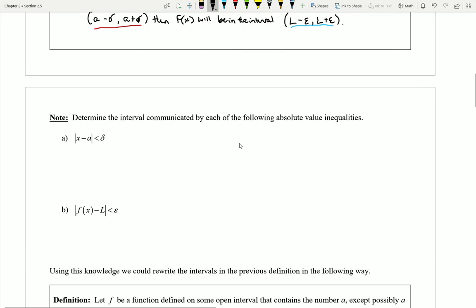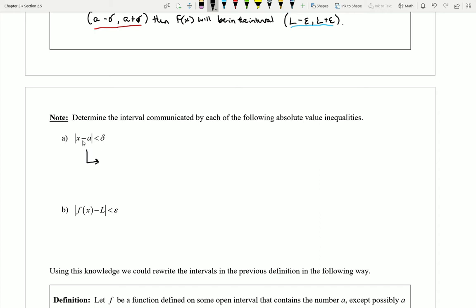Take a look down here at the note. Determine an interval that is going to be communicated by each of the following absolute value inequalities. Now let's pretend here that the value a and the value delta are just numbers, and I'm going to try to solve for x. You might recall how it is that we do this.